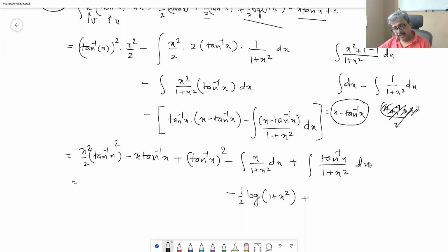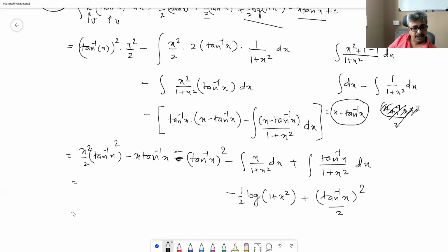It is 1 upon 1 plus x square, so with t equal to tan inverse x, we get t square by 2, tan inverse x bracket square by 2. And sign wise, is this correct? Minus minus plus. This should have been minus. Okay, I think we are done now.